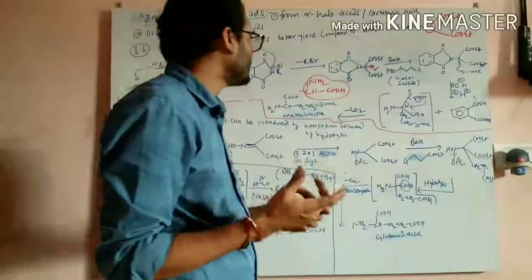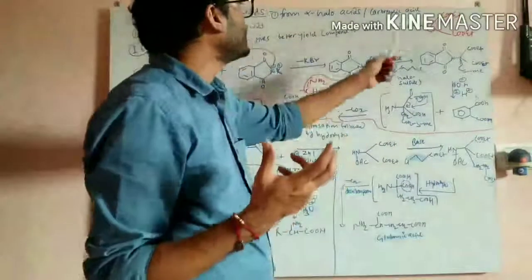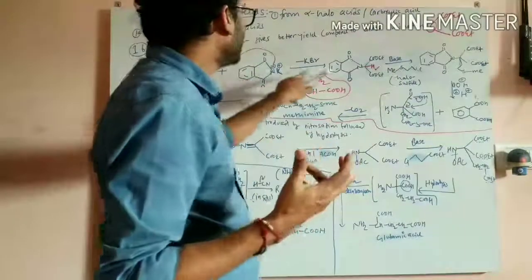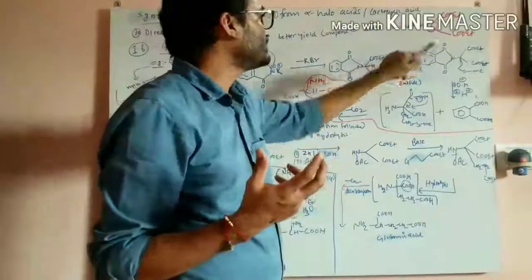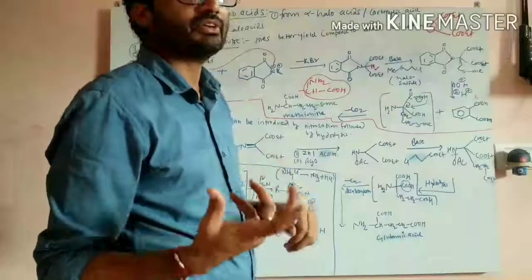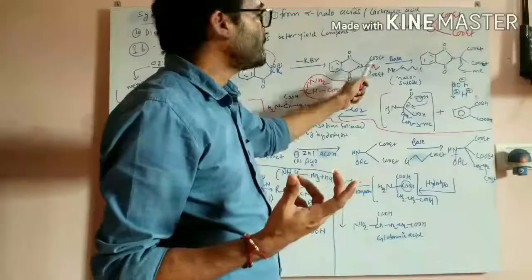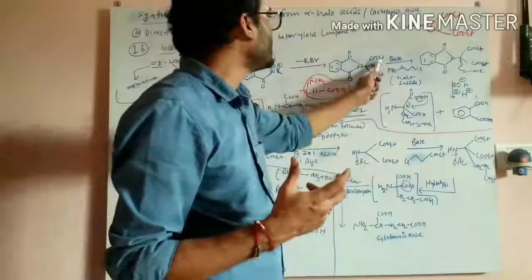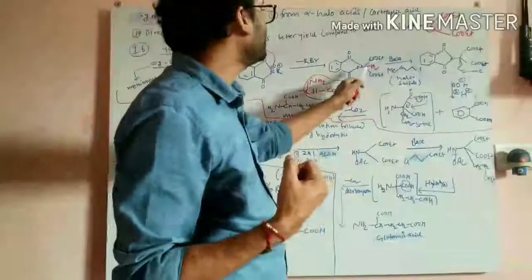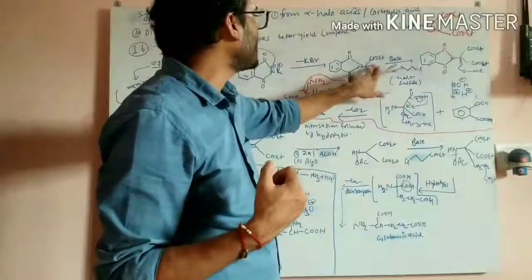So this diethyl malonate has two active hydrogens. One is already replaced by the bromine, and another one can be replaced by a base. These hydrogens are acidic in nature because they are activated. This center is highly electron deficient because the two COOEt groups are electron withdrawing, and there is again a nitrogen over here. So three electron withdrawing groups are attached to this carbon atom, and now this hydrogen becomes highly acidic.